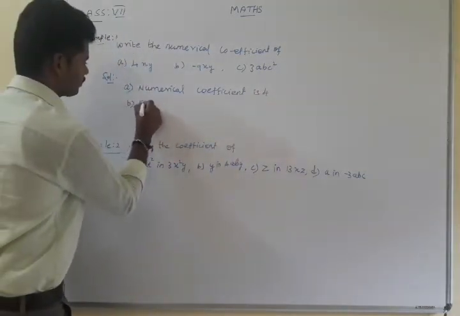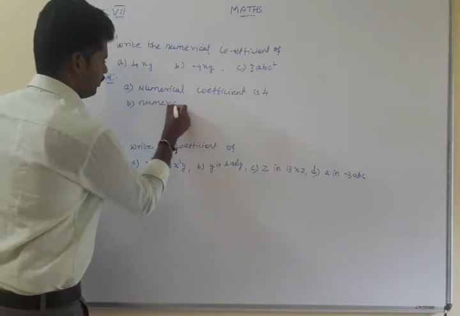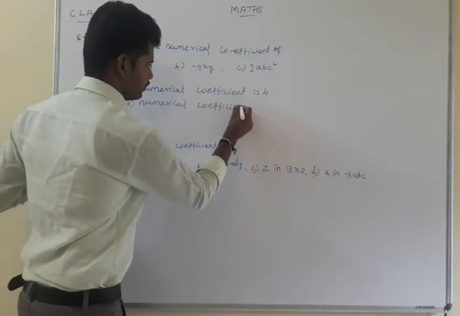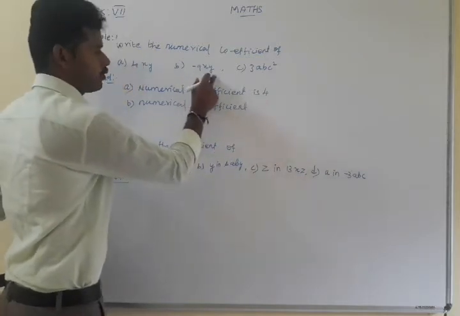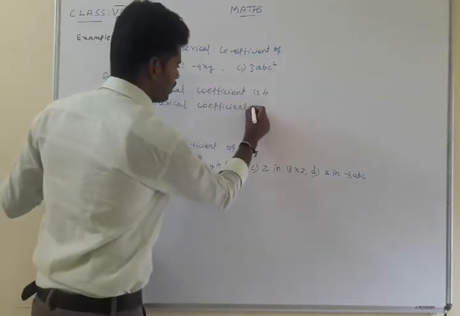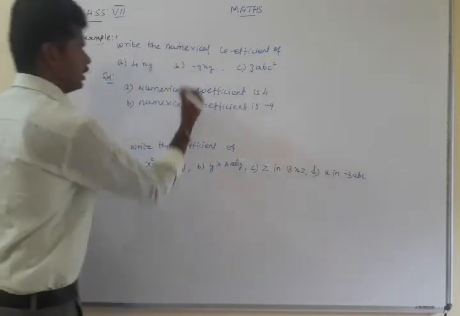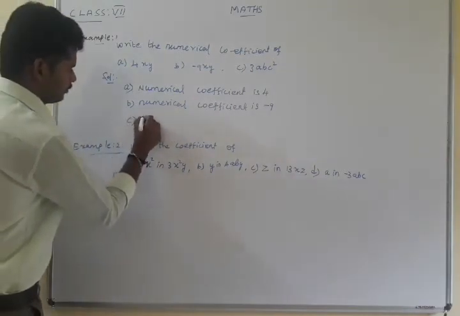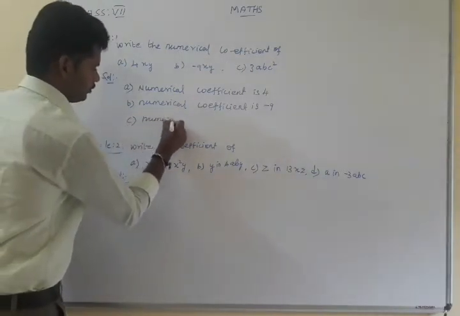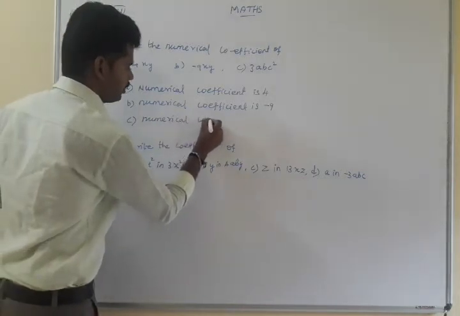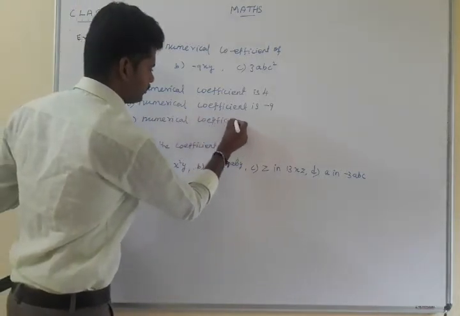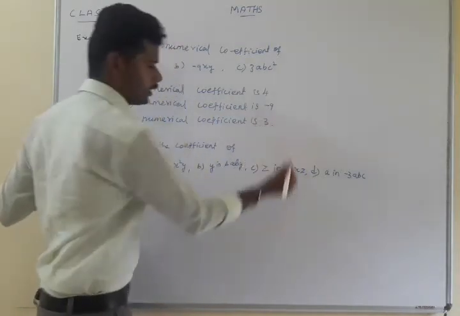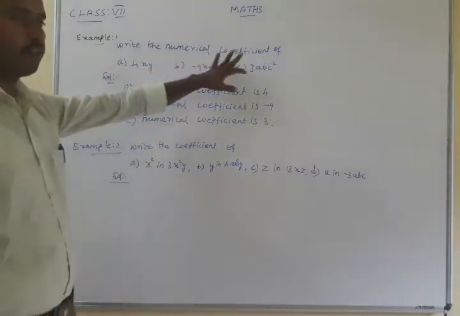B: here minus 9xy, the numerical coefficient is minus 9. Next one, 3abc square: the numerical coefficient is 3 only. So this way we find the numerical coefficient.